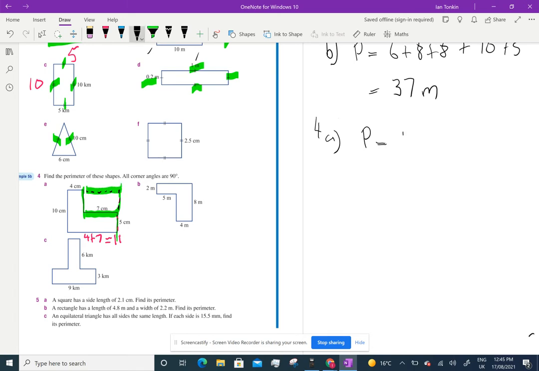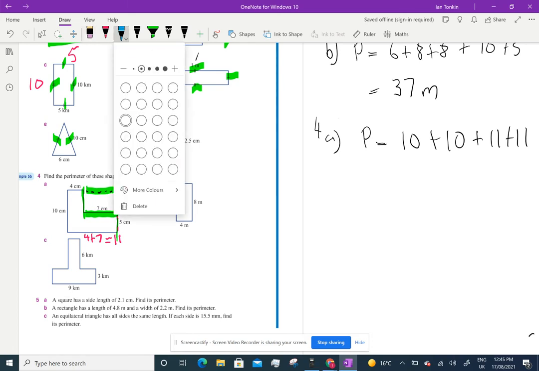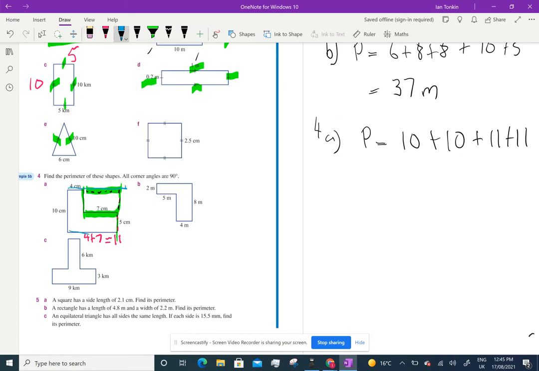And that's really easy because we know 10 and 10, which are this side and this side, plus 11 plus 11, which is this side and this side. And then it makes it really easy. So just push those different bits out. And 10 plus 10 is 20, plus 11 is 22, so 42. In what units? Centimetres.